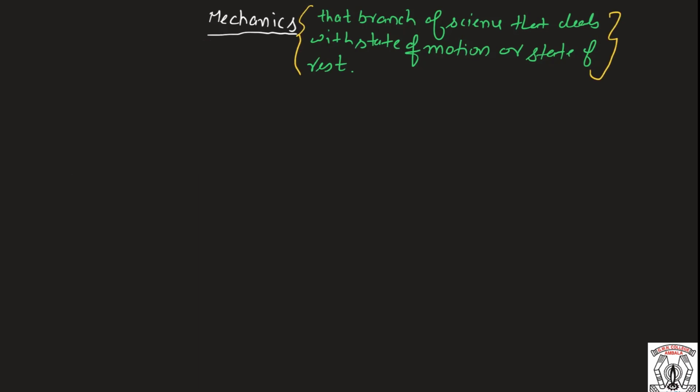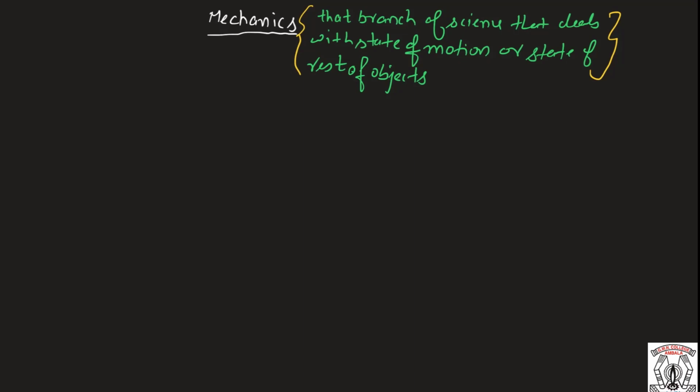Means the object could be in motion or it could be in state of rest. So the branch of science that deals with the state of motion and state of rest of objects.